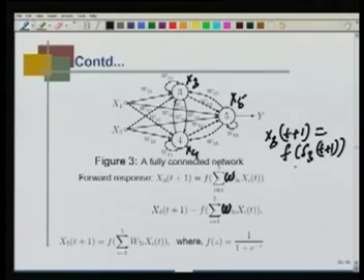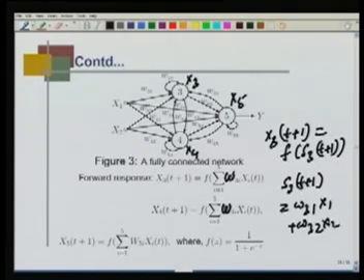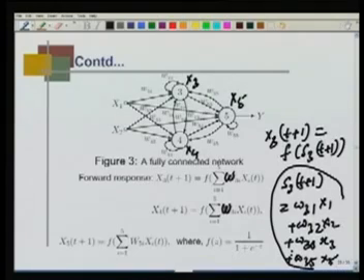And what is S3(t+1)? S3(t+1) is the summation, that is W31 x1 plus W32 x2 plus W33 x3 and so on up to W35 x5. So, this particular item that we are inserting here, which is known as w3i xi(t), okay, this has to be t.